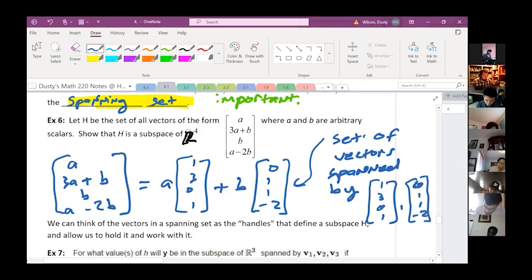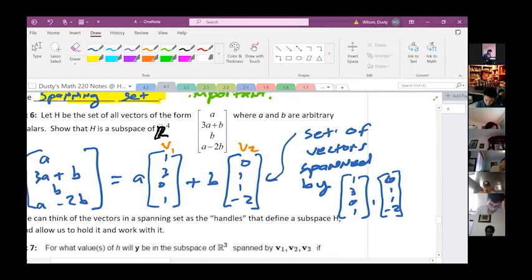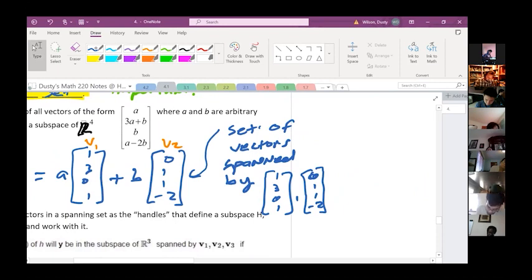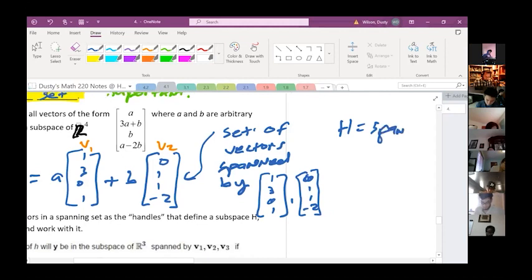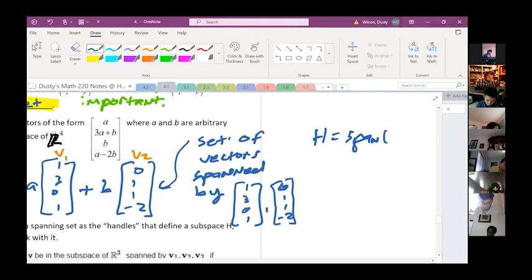Or if we called these V1 and V2, we could simply say that H is equal to the span of V1, V2. And since H is equal to the span, it has that form. Therefore, H is a subspace.